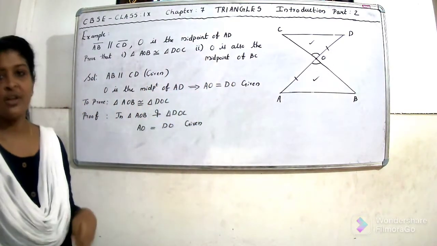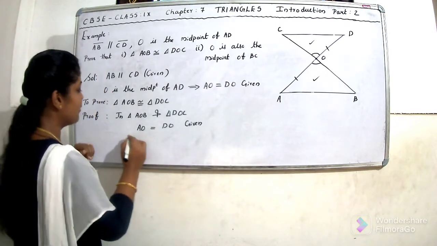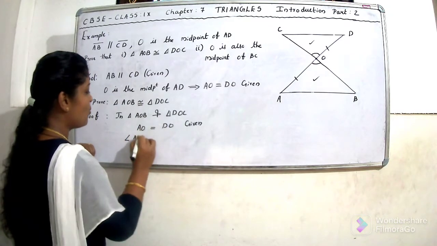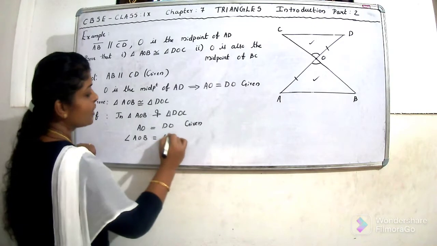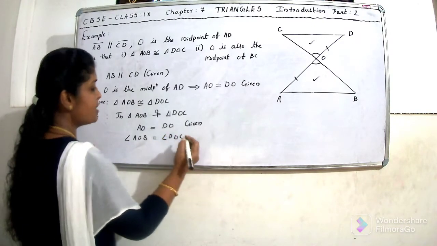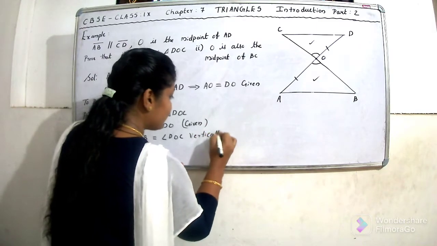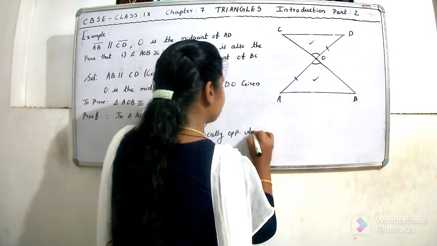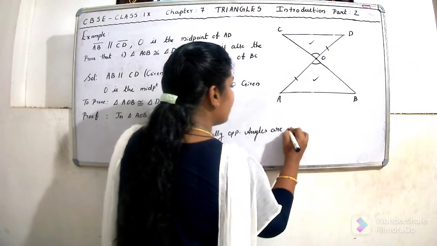What is the reason? Vertically opposite angles. So we can write angle AOB is equal to angle DOC. Reason: vertically opposite angles are equal.